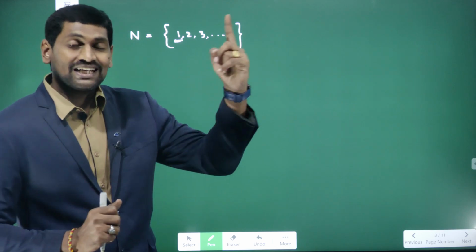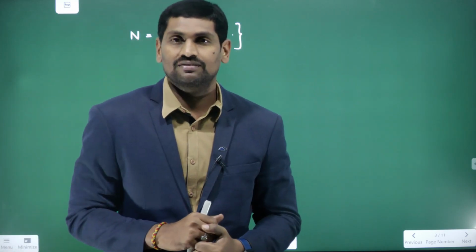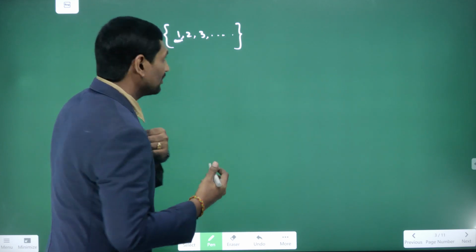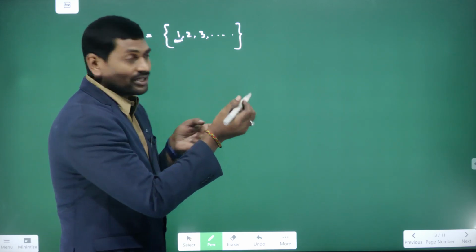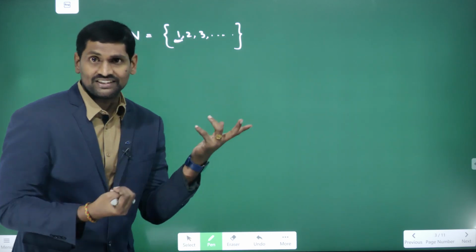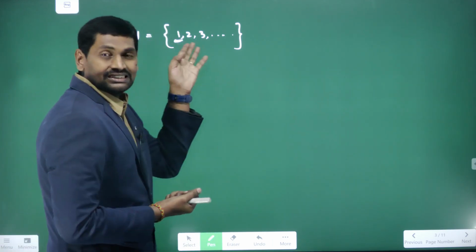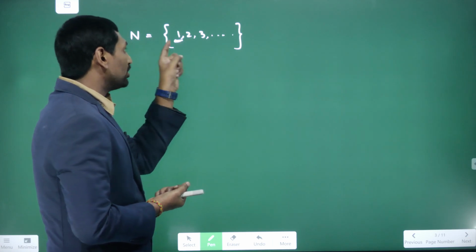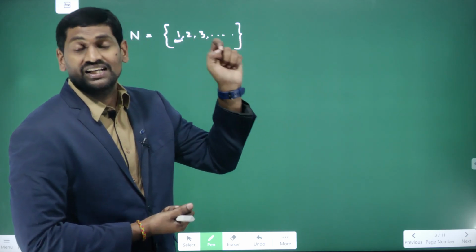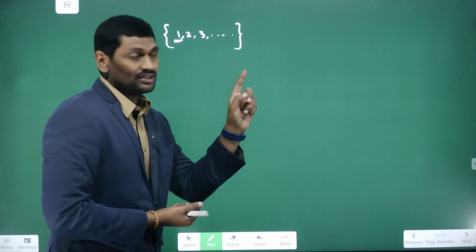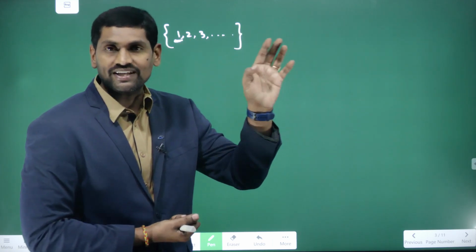Now, what is the largest natural number? Can we take 3, because among these three numbers, 3 is the largest? No, we are going to count. I have given 1, 2, 3 and so on, which means the counting continues: 1, 2, 3, 4, 5, 6 and so on.